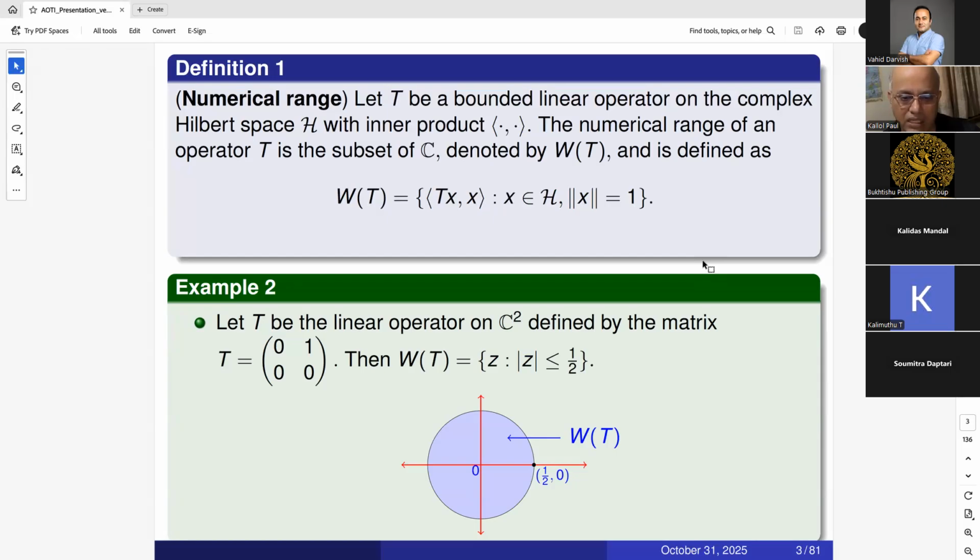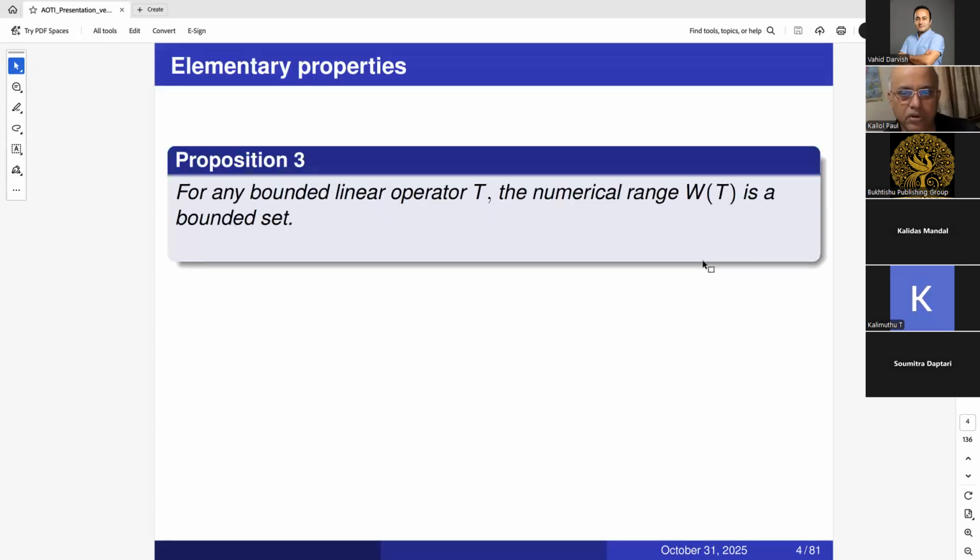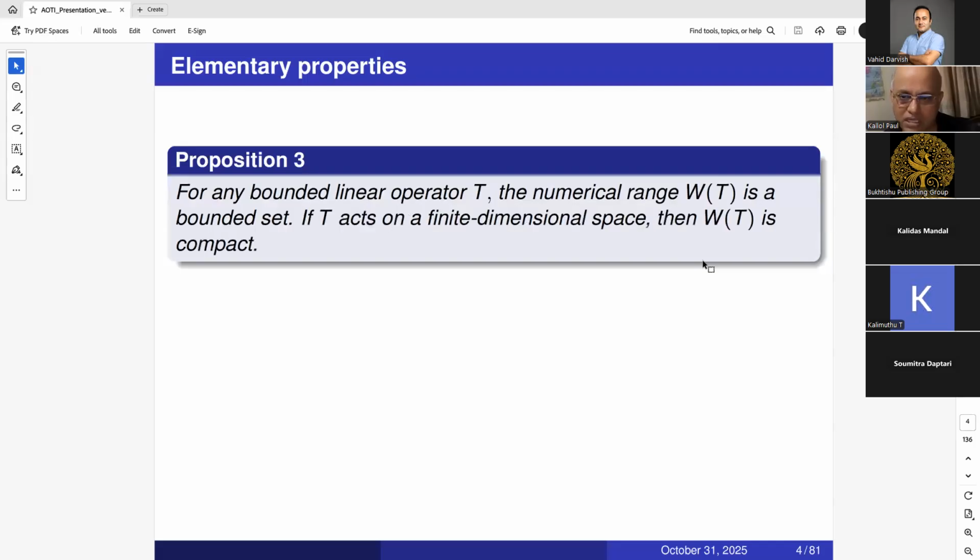And then if you look at this property of numerical range, especially when you are looking at the bounded linear operator T, then it is always a bounded set. In addition, if it is acting on a finite dimensional space, then it will be compact.